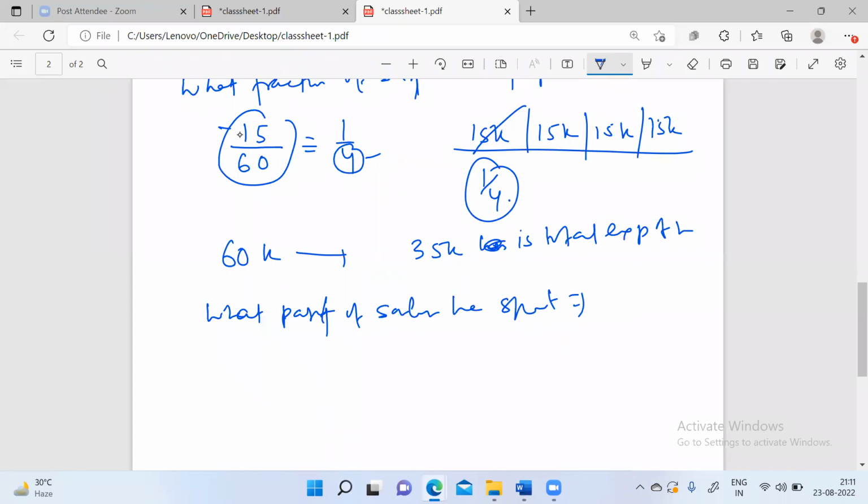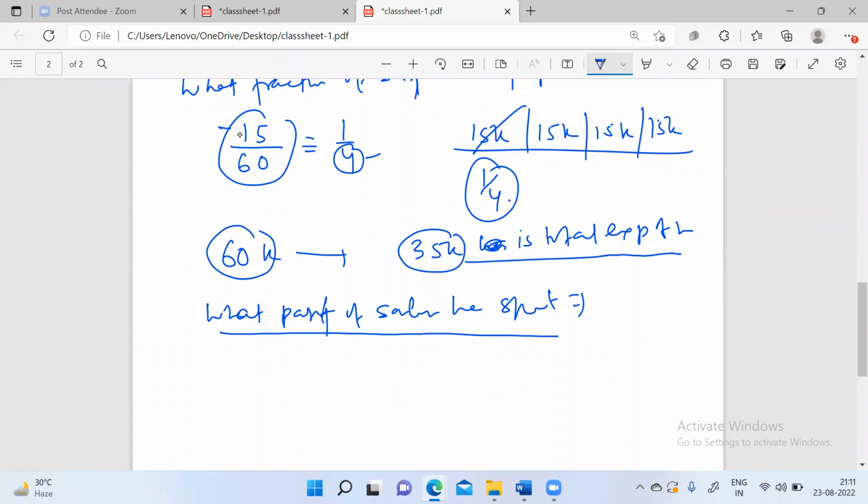The complete salary is 60,000. 35,000 is being spent in that month. So what part of the salary is spent? For example, if 30,000 was spent, we say half of the salary has been spent. Yes, sir. Right? So if I say 35,000 and ask what part of the salary he is spending, how much will it be?